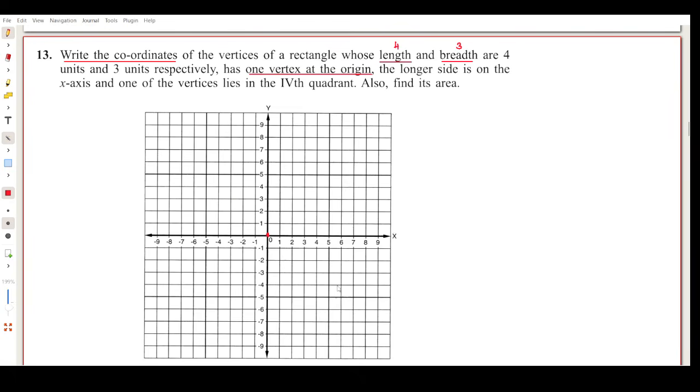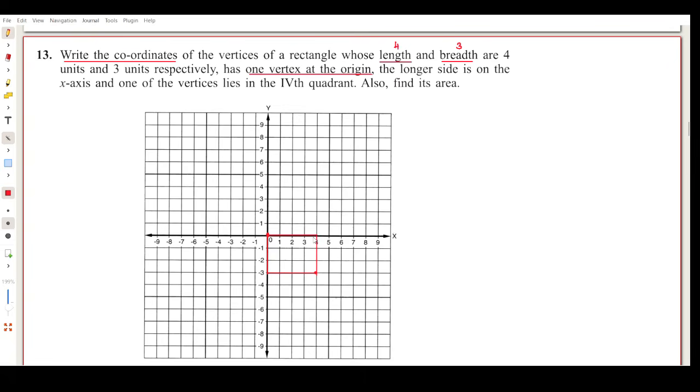This is the fourth quadrant. So the longer side should be on the x-axis, that is 4, and one vertex should be in the fourth quadrant. So this is the possibility, right? Now we will get a rectangle. 0 comma 0 is the origin.